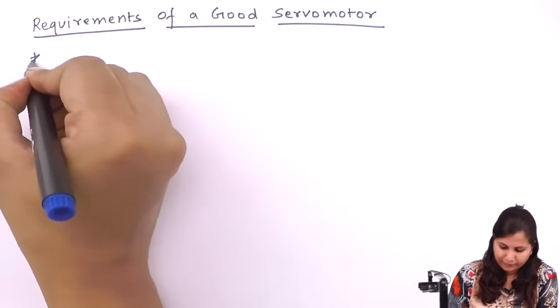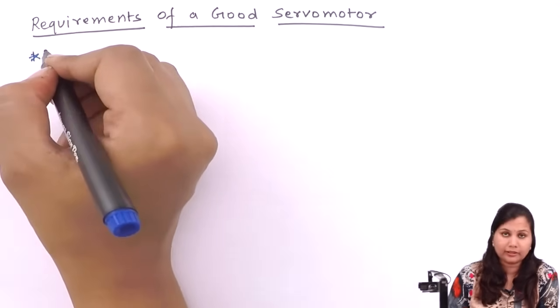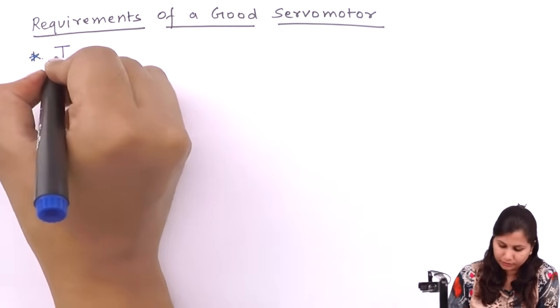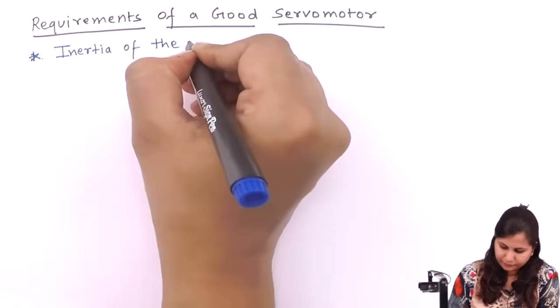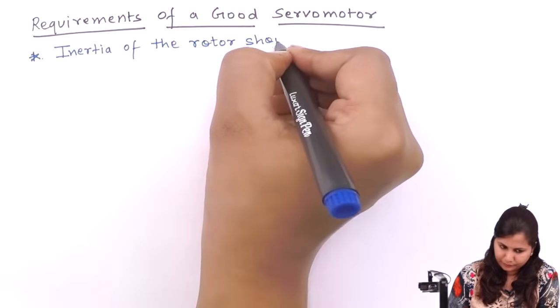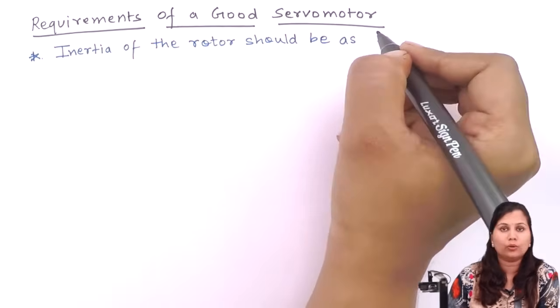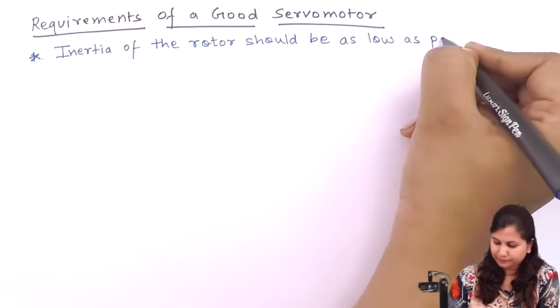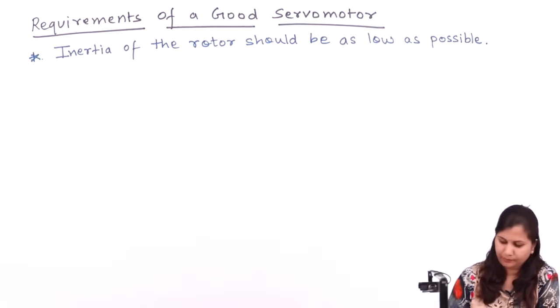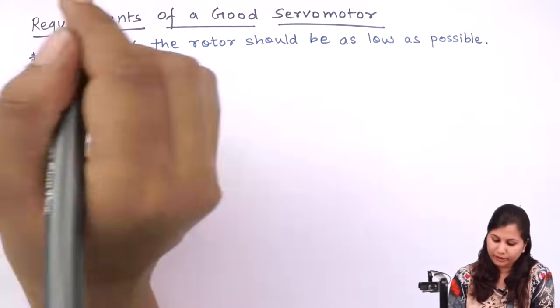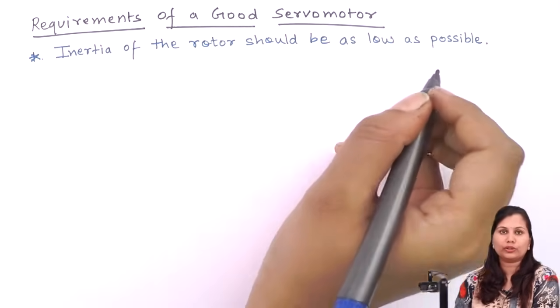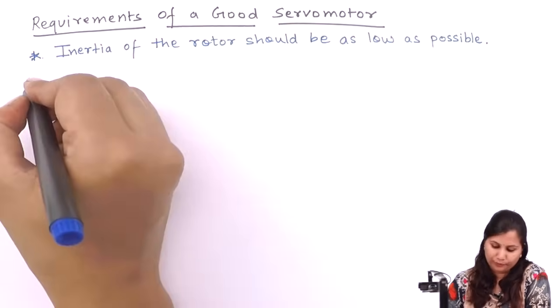The first requirement is that the inertia of the rotor should be as low as possible. So the first requirement of a good servo motor is that the inertia of the rotor should be very low.